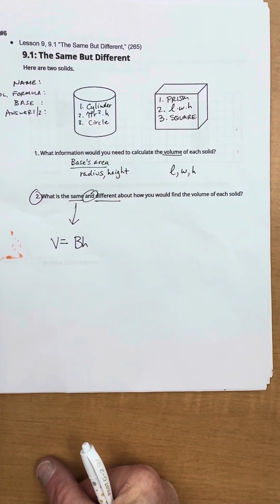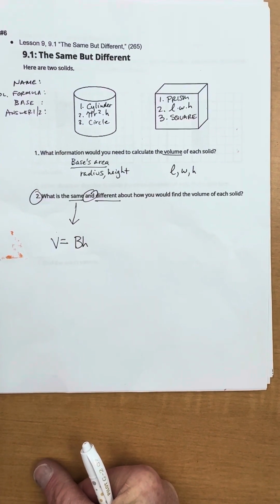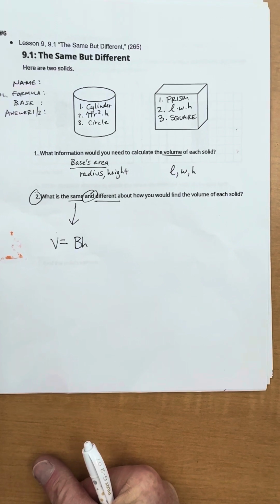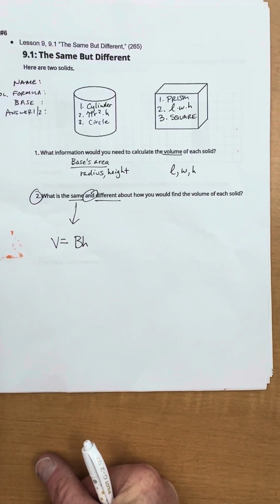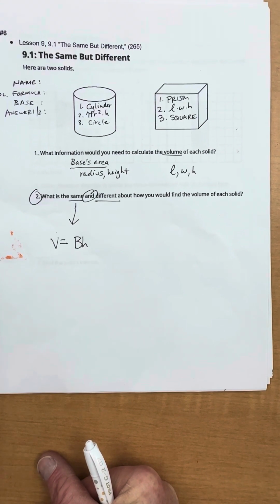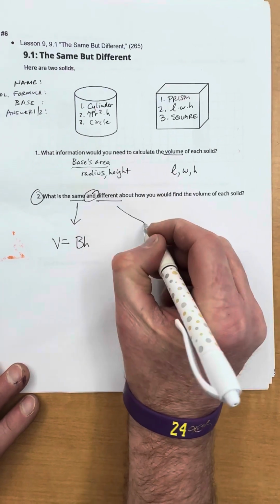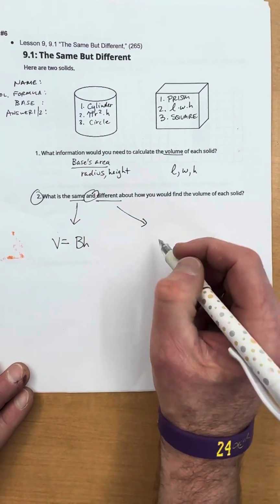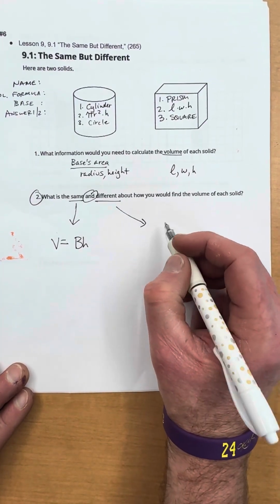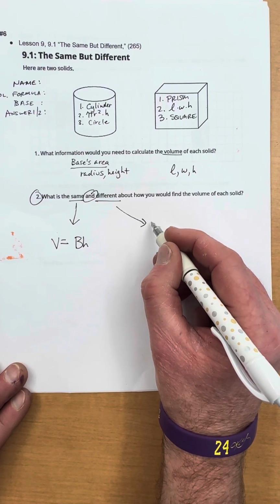Back over here. What's different? What's different is one uses radius and the other one is length times width.